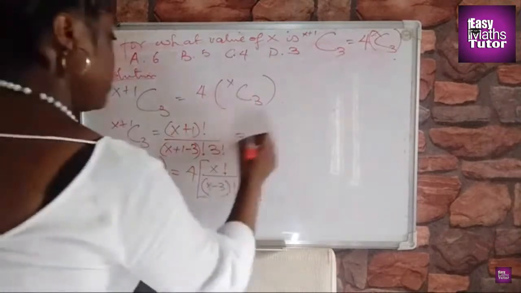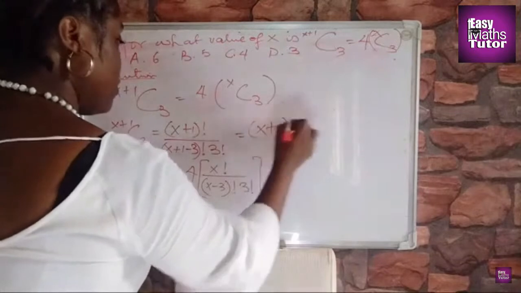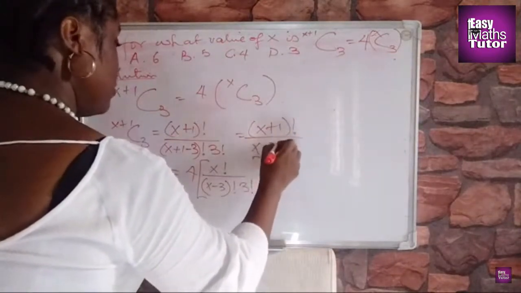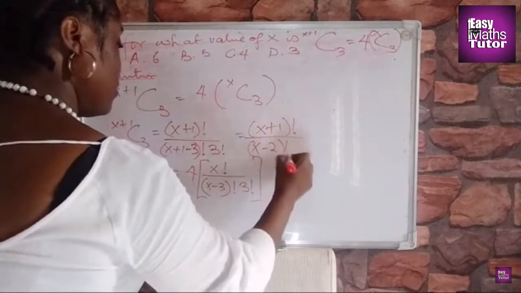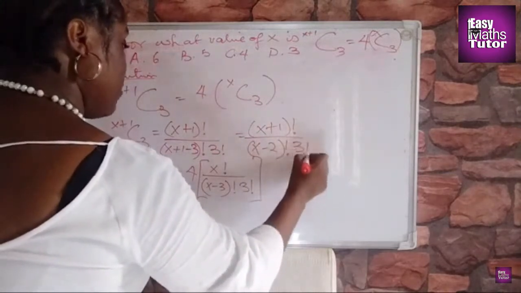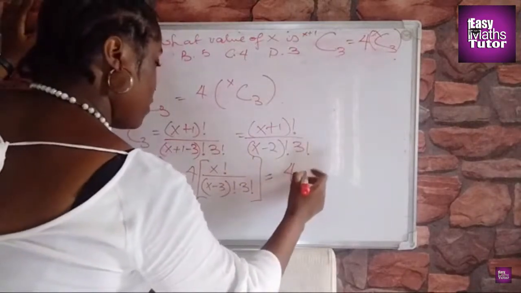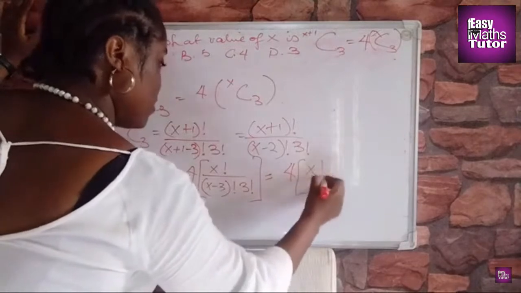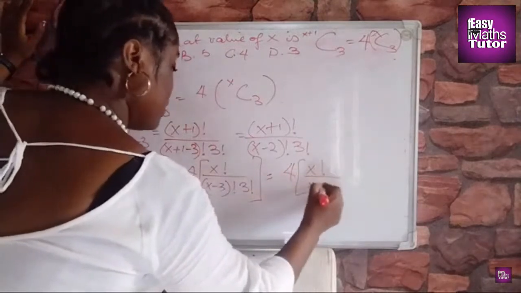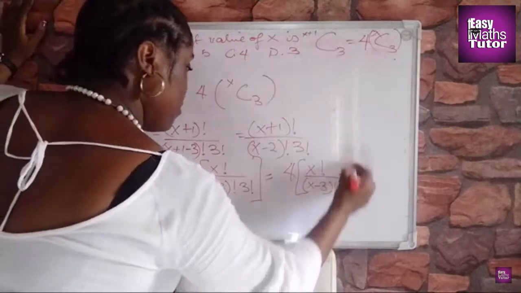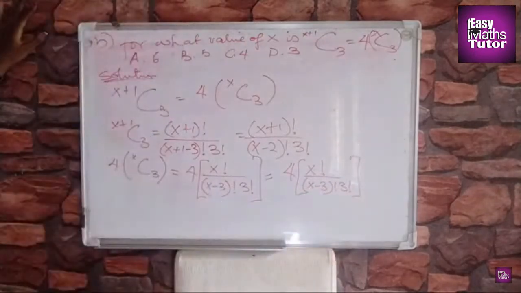So this will be x plus 1 factorial all over x minus 2 factorial times 3 factorial, while this will be 4 times x factorial all over x minus 3 factorial times 3 factorial. Are we good to go? Yeah.